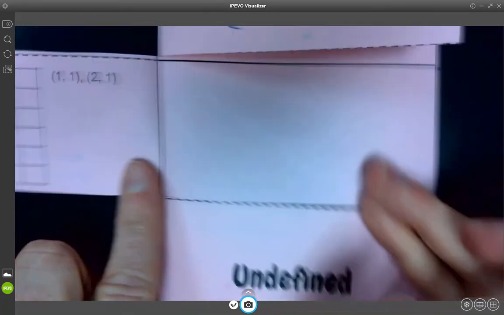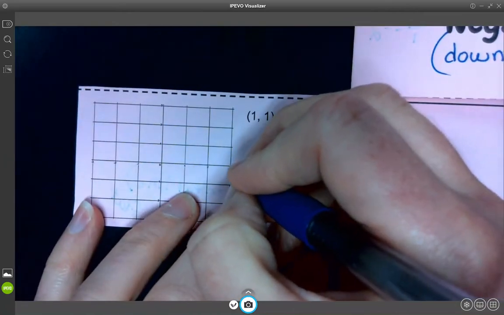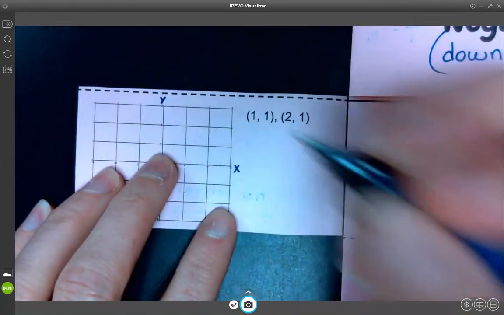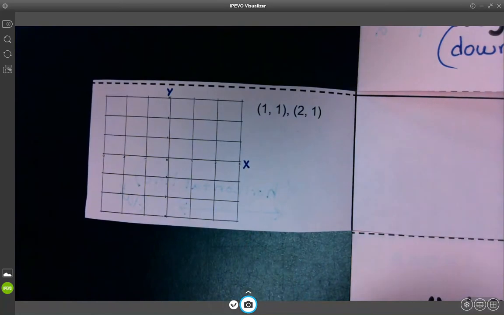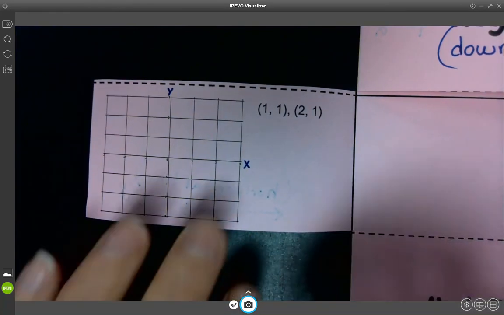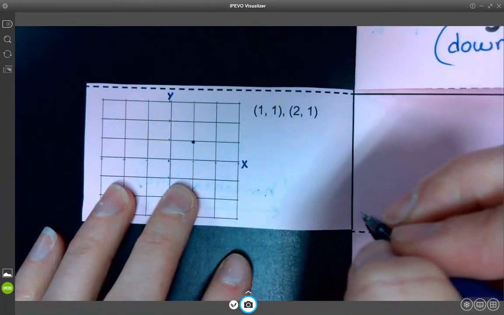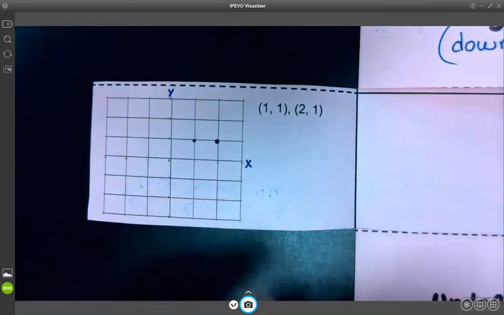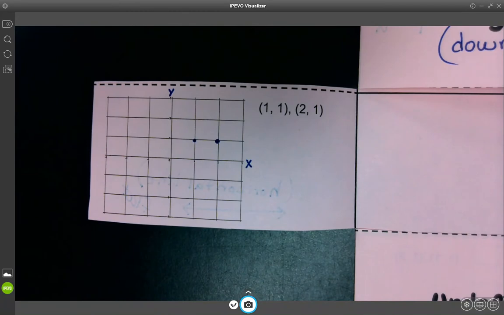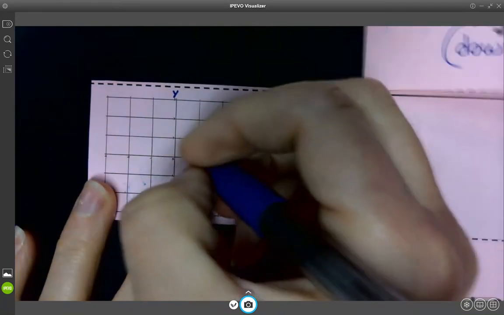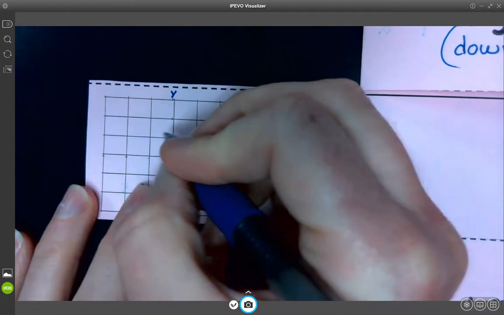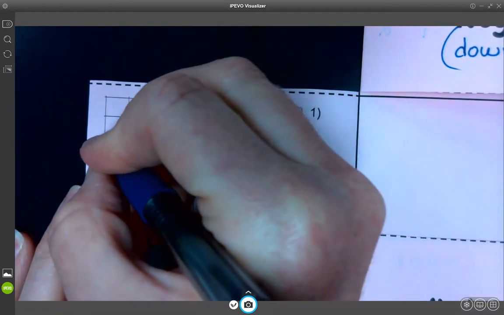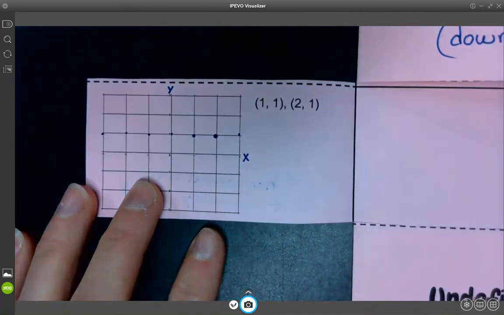So let's plot our points. Label your x and y axis. Plot your point. 1, 1, 2, 1. Where would all your points be? Where y is 1. If you want to add more points, you can.